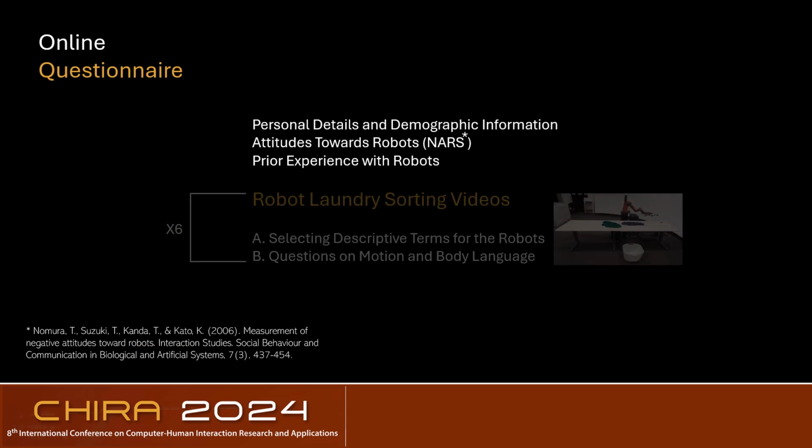We employed an online questionnaire to investigate participants' perceptions of robots engaged in laundry sorting tasks. Initially, participants were asked to provide personal details, including demographic information, attitude toward robots, and their prior experience with robots.